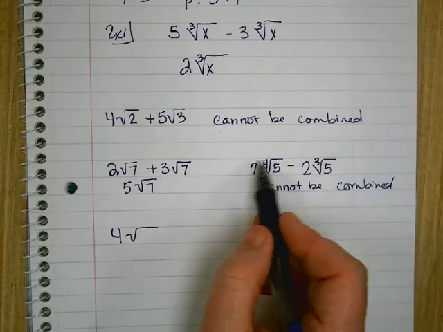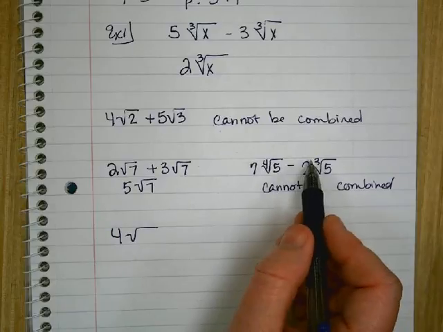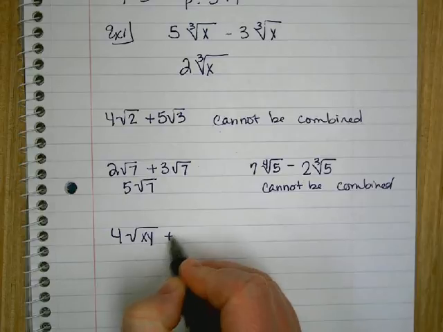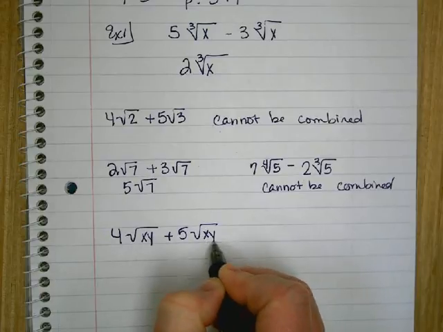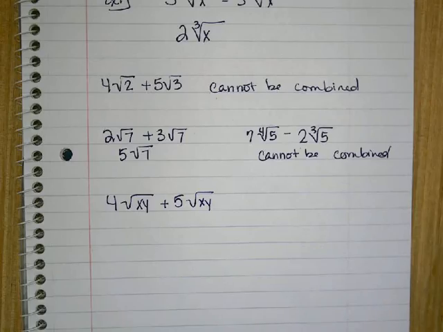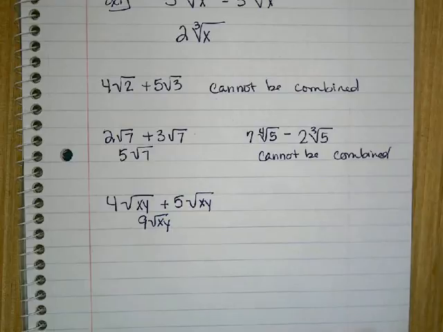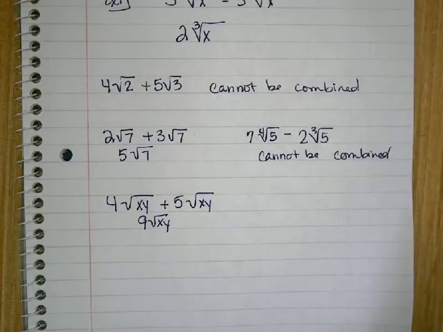One was a fourth root and one was a third root. And they have to be the same. 4 times the square root of xy plus 5 times the square root of xy. Nine times the square root of xy. So we can add and subtract radicals as long as they're the same exact radical part.